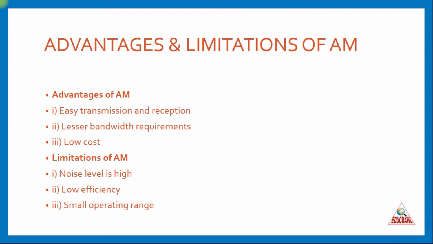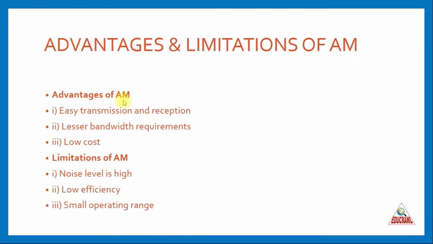Now let us see the advantages and limitations of amplitude modulation. First, the advantages: the transmission and reception process in amplitude modulation is easy, it needs only lesser bandwidth, and the cost is low compared to the other two methods.